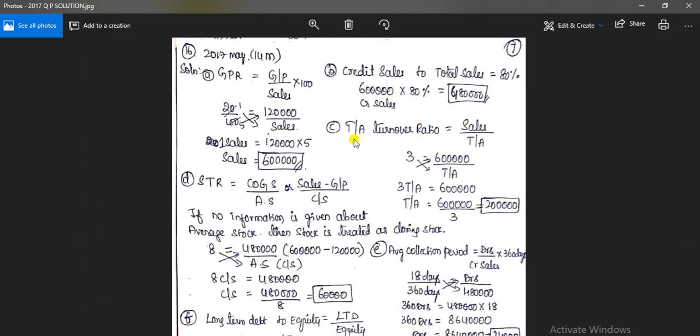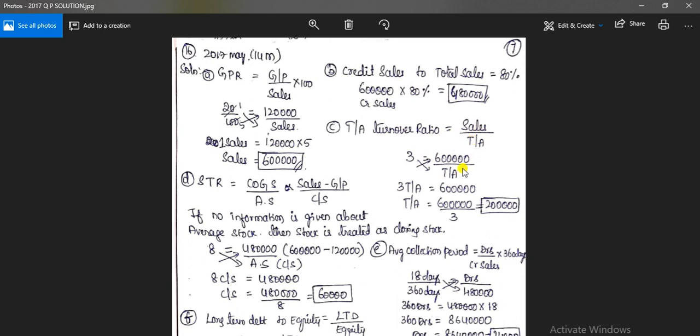Okay, now see the next ratio, the total asset turnover ratio. In the problem itself they have given sales divided by total assets. Here we have only two pieces of information: total asset turnover ratio is 3 times and sales is 6 lakhs.